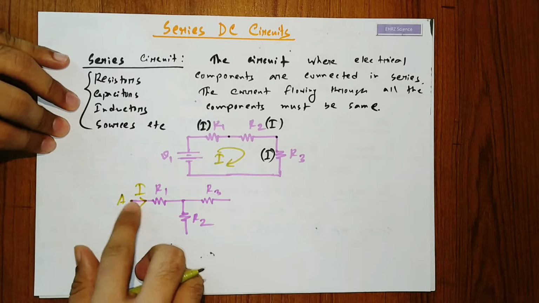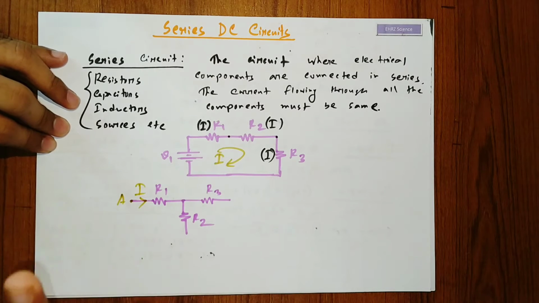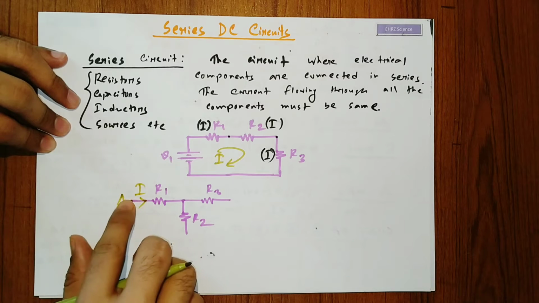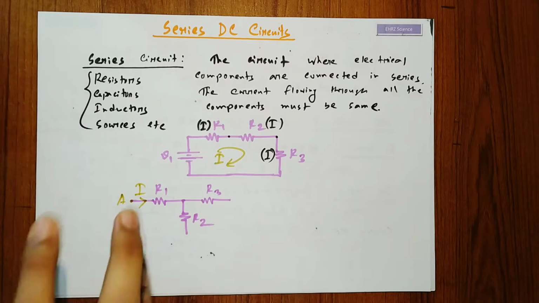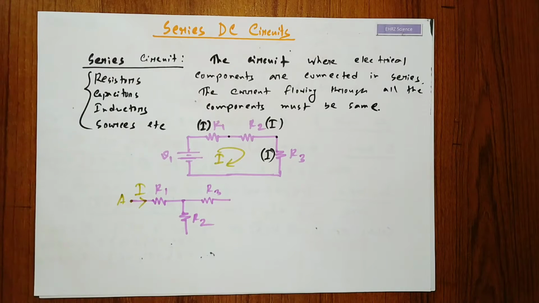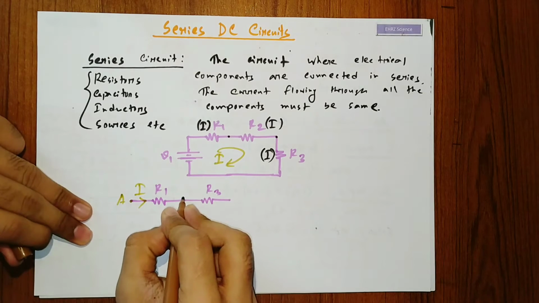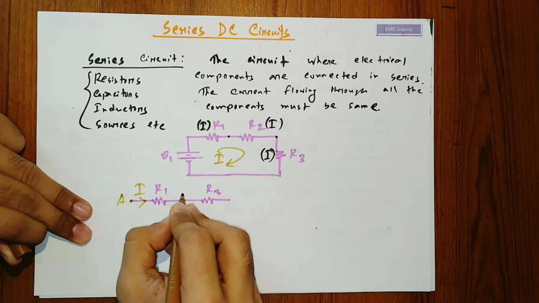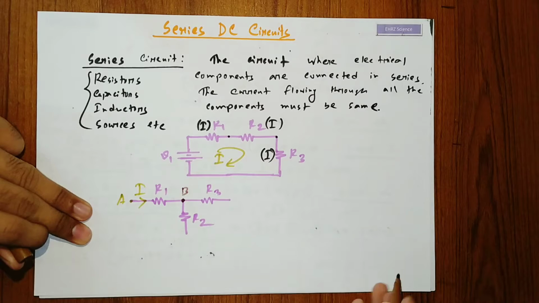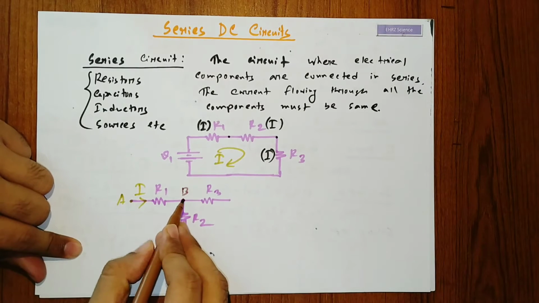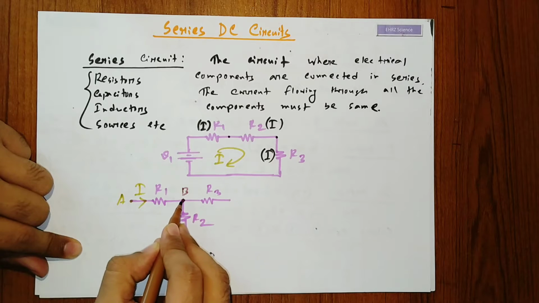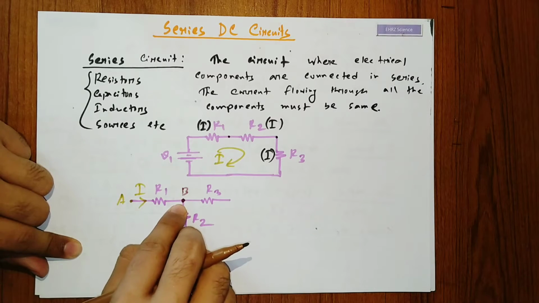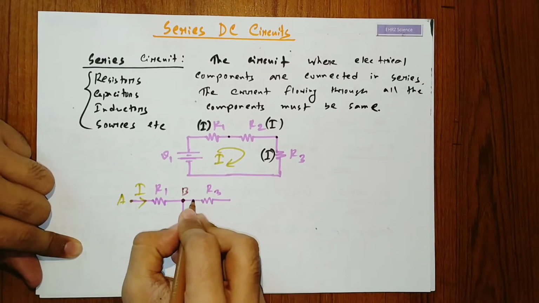I have not shown it here, but consider that I amount of electric current is flowing from this point A. Now, as we see at this node, suppose this node is B. At this node, this electric current has been divided.